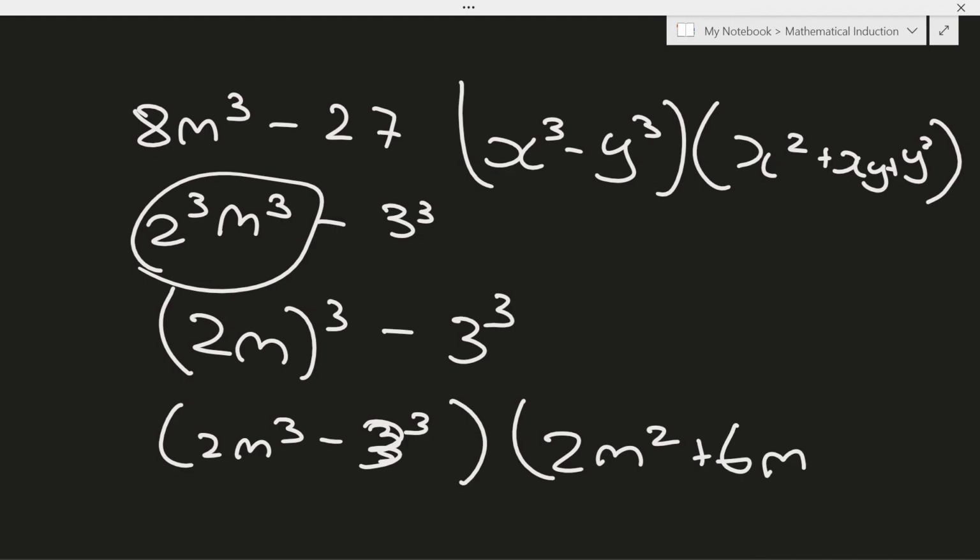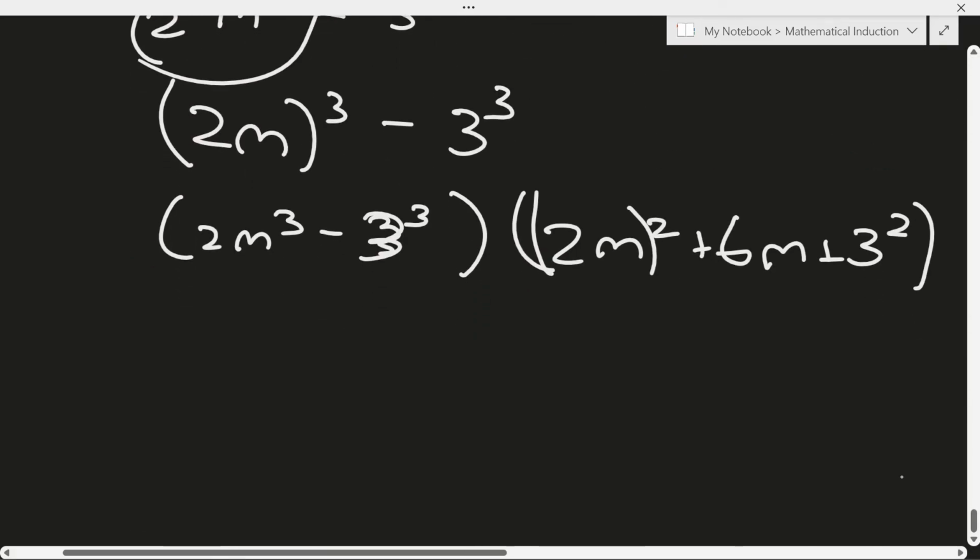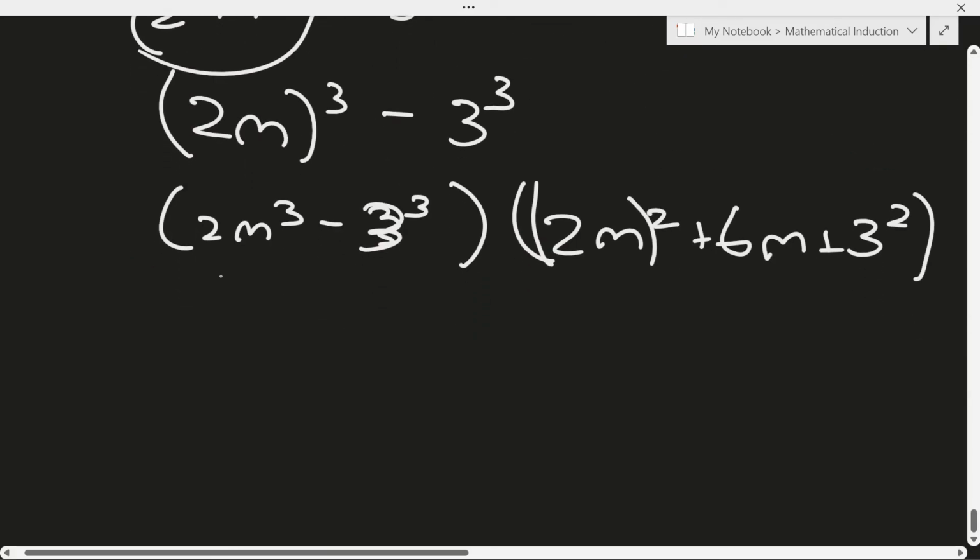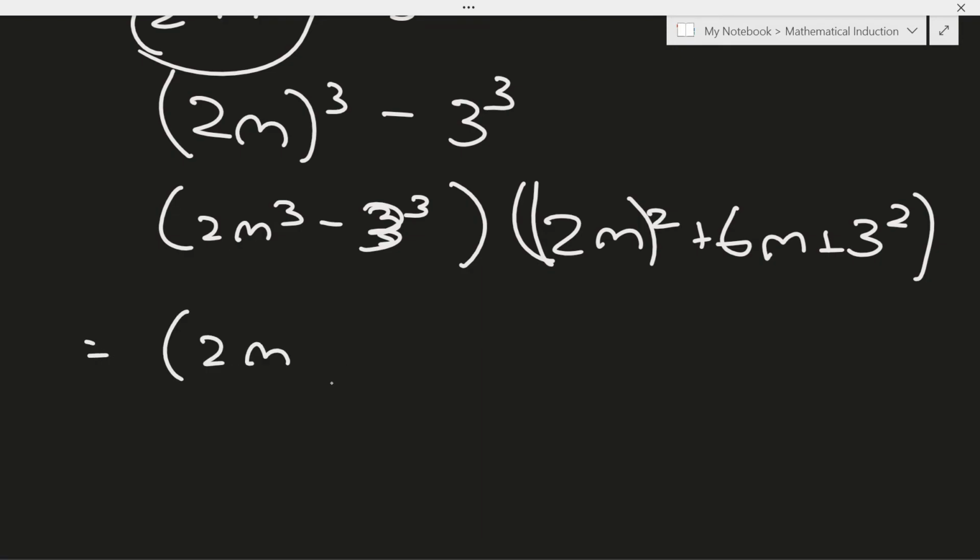6m plus 3 squared. Right, I think I have it now. This is equal to 2m minus 3.